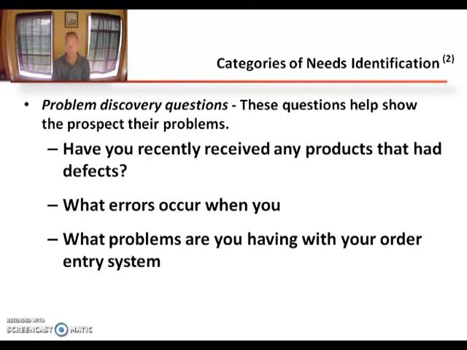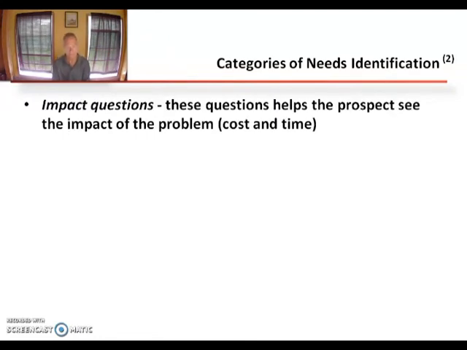If you understand the prospect's business, or if you talk to somebody else in the business, you pretty much understand what problems they're having. So there's nothing wrong with using a closed probe and saying, have you ever had a problem with this? If the prospect answers yes or no, then you've established your problem questions.